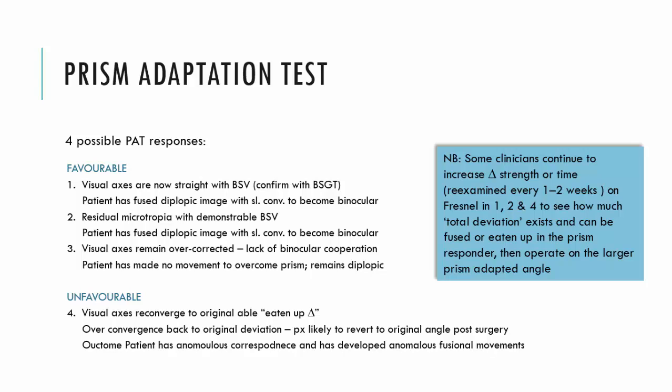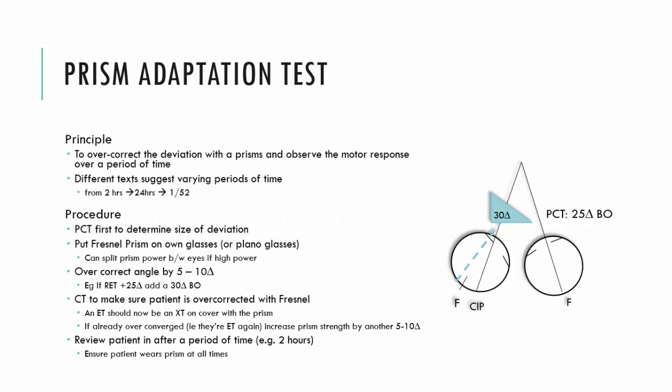Now, some orthoptists and ophthalmologists, when they have an unfavourable response, will continue to increase the strength of the prism. So, again, we'll come back to this example. Say this patient with the 30 diopter ET returns back with an unfavourable response, and when they return, there's a 20 diopter ET.